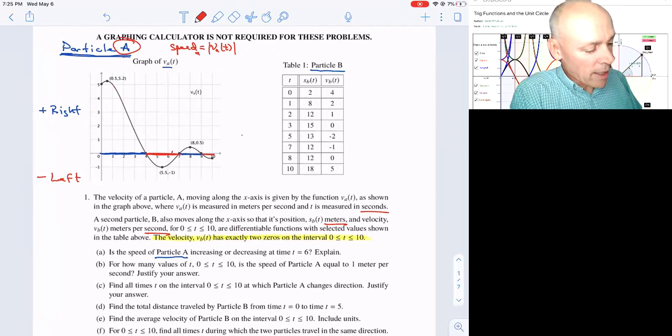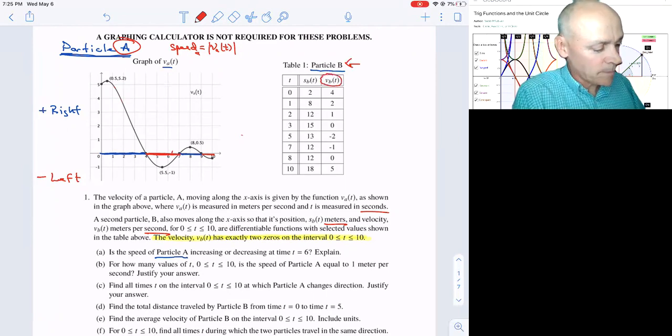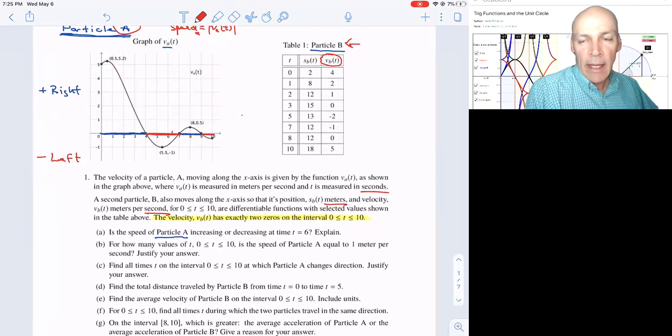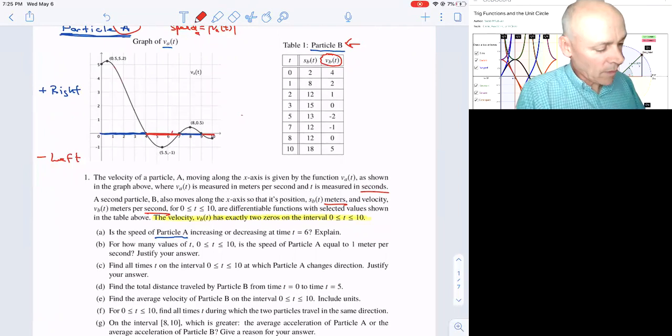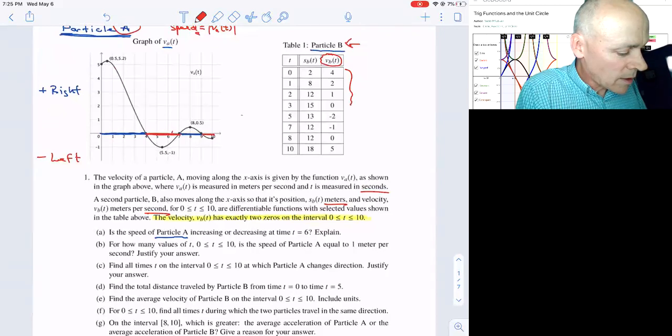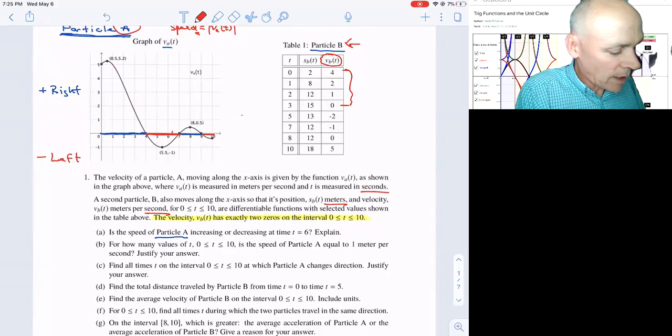Okay, particle B, I want to look at the velocity column, because that's what's going to indicate which direction my particle is moving. And so if velocity is positive, it's going to be moving to the right. So I'm seeing here I've got positive values until I get to the 0. And so it's moving to the right.